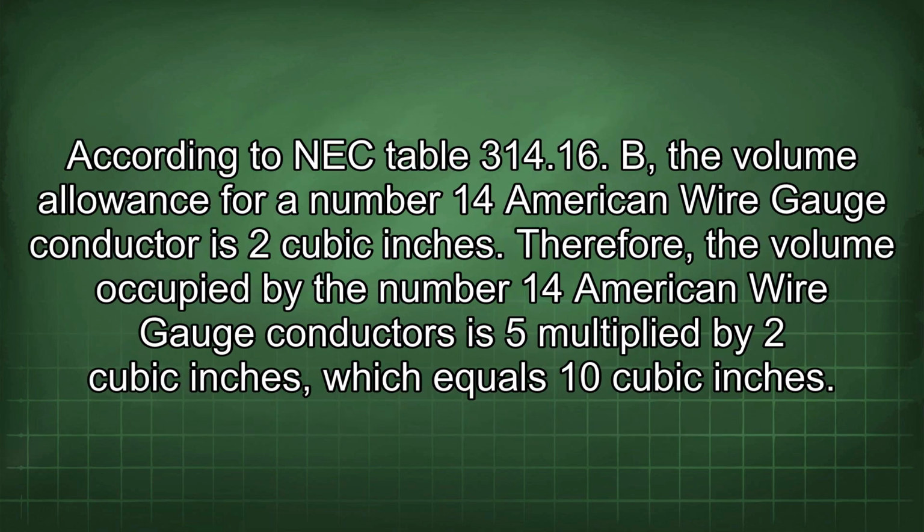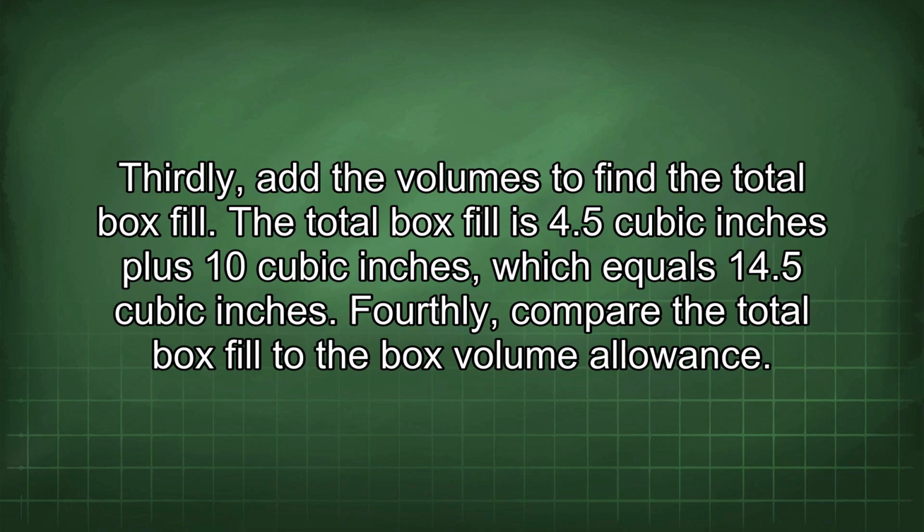According to NEC Table 314.16, the volume allowance for a number 14 American wire gauge conductor is 2 cubic inches. Therefore, the volume occupied by the number 14 American wire gauge conductors is 5 multiplied by 2 cubic inches, which equals 10 cubic inches.